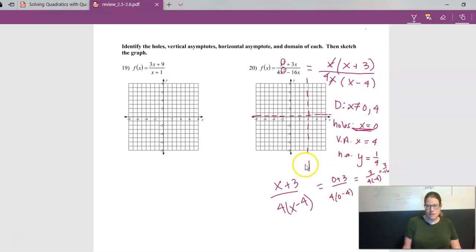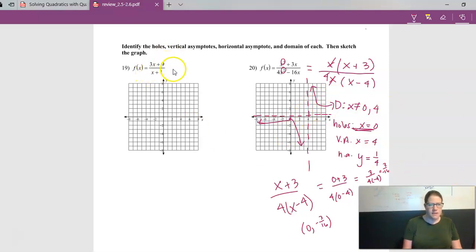So -3/16, which is just fairly down from 0. So when x is 0, y is -3/16. So up here at 0, it's going to be right below here. So my hole is going to be in here somewhere, which means my curve is going to be in this quadrant and this one. Remember, they're always kitty corner from one another.